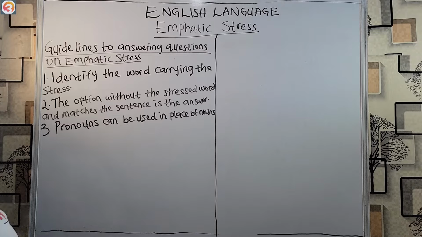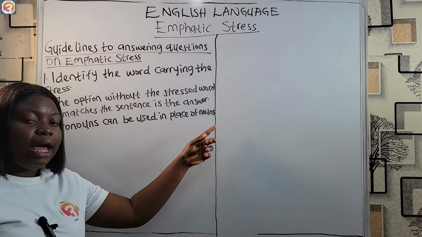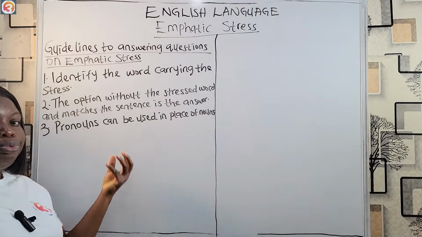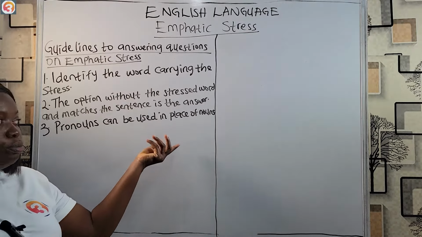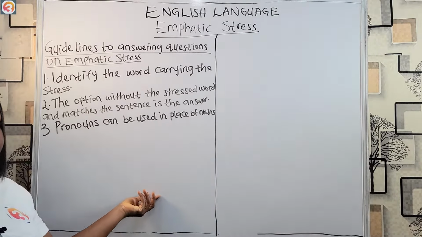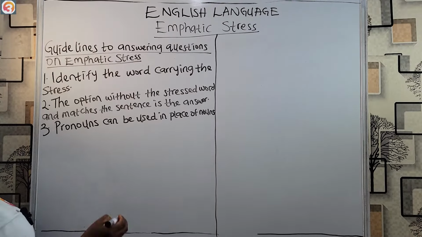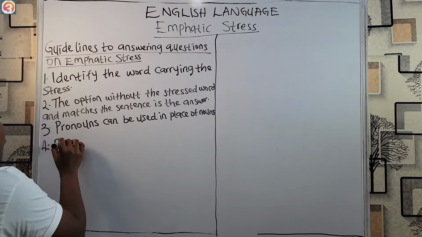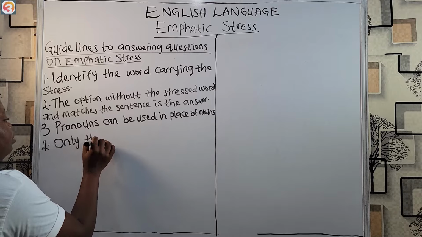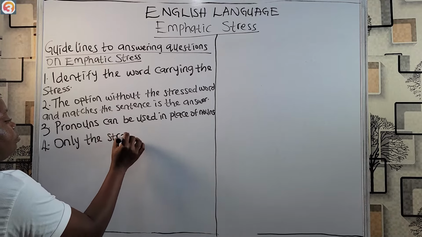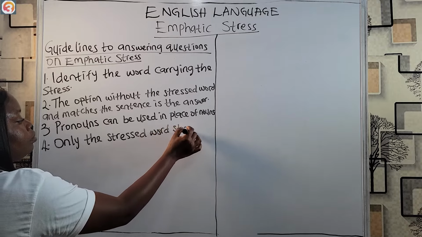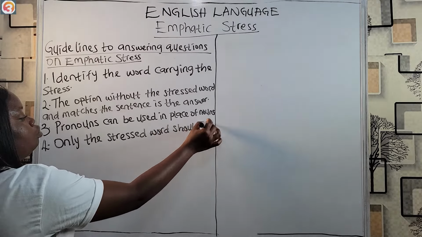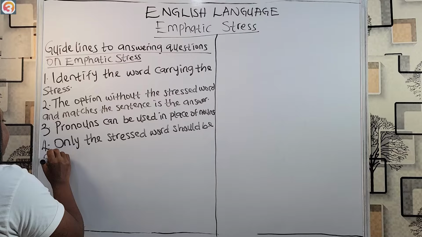So if a noun is not stressed and then in the options it changes to a pronoun, you don't have to worry about that. Pronouns can actually be used in place of nouns in the options. And lastly, we have that only the stressed word should be replaced.